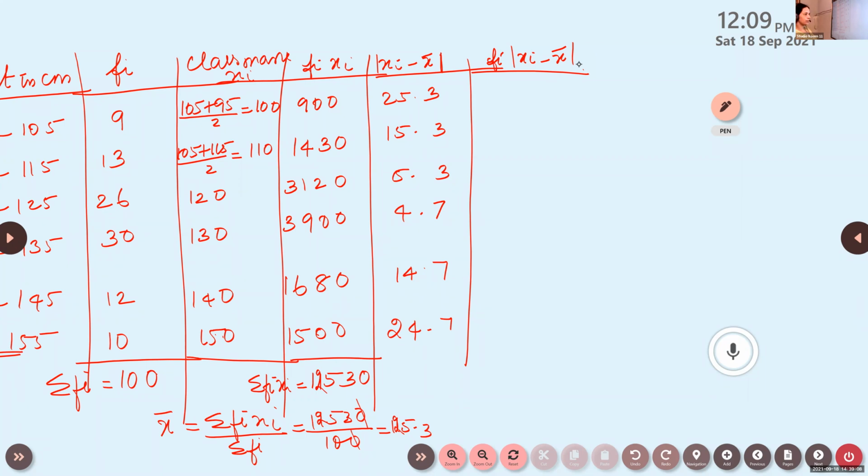Nine into 25.3 is 227.7. Then 13 into 15.3.